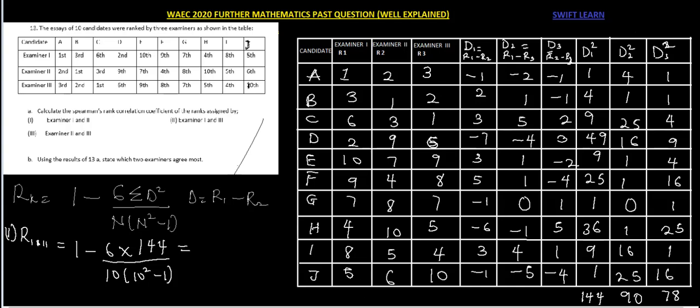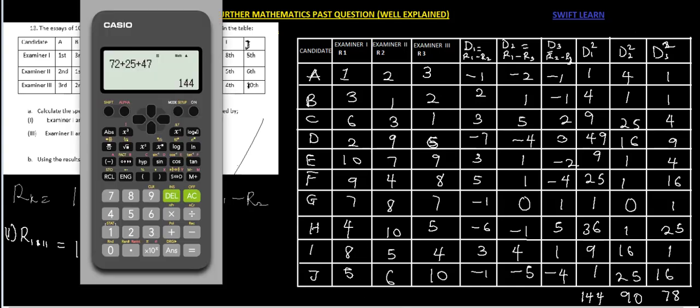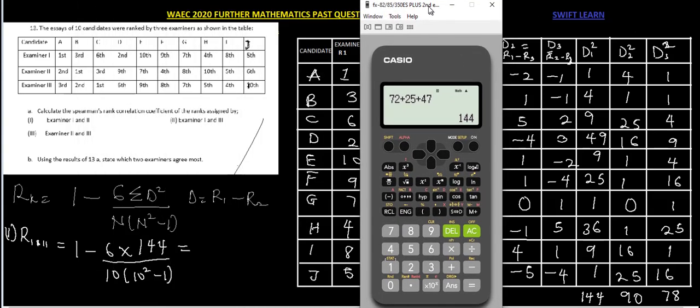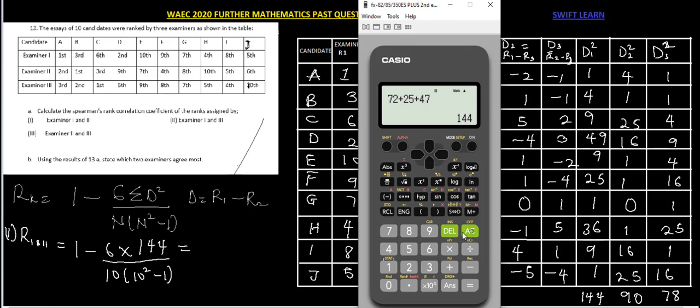So what will be our answer? Let's take our calculator to this, please. Alright, so we have 6 times 144 divided by 10 brackets, 10 square is 100, minus 1.